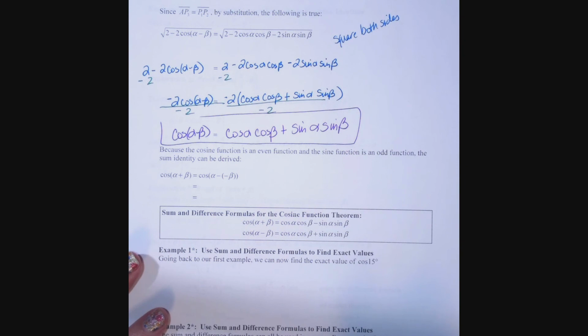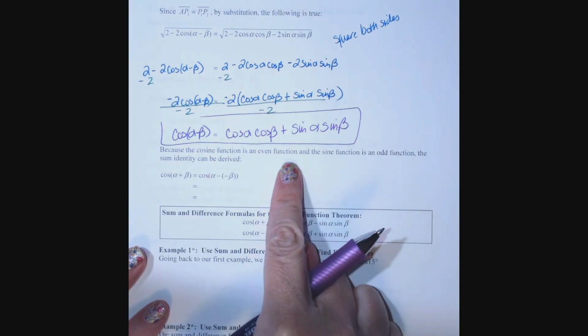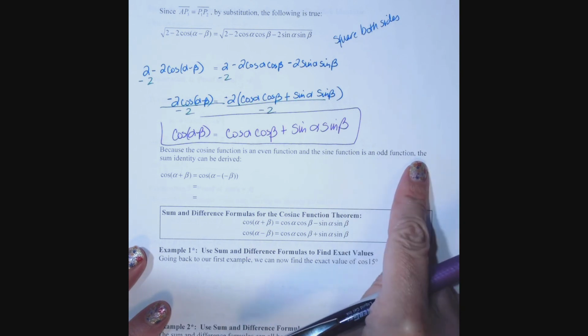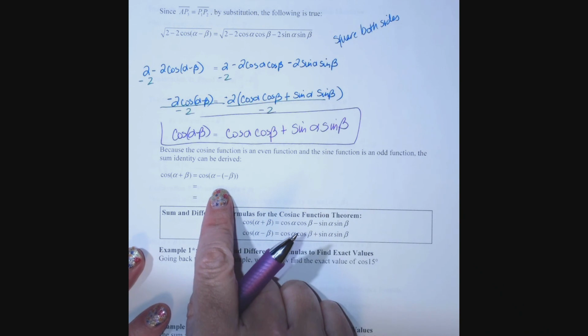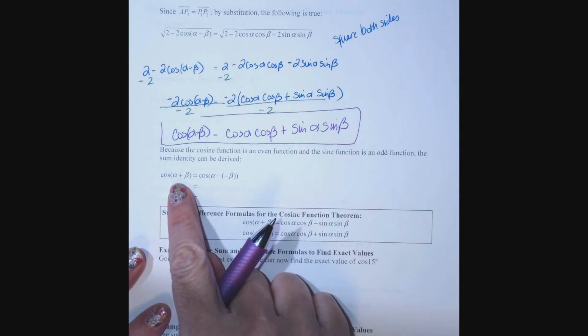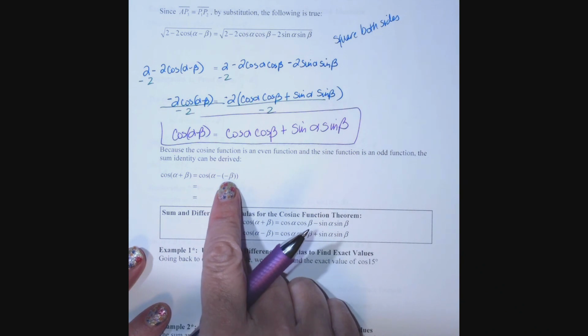Now, what about the cosine sum? Well, because the cosine function is an even function and the sine function is an odd function, the sum identity can be derived like this. Cosine of alpha plus beta is the same thing as alpha minus a negative beta, right? Because that would go away and become alpha plus beta.